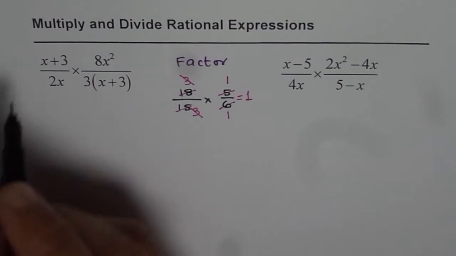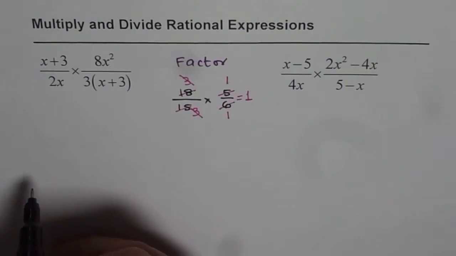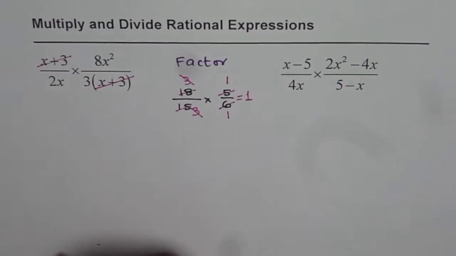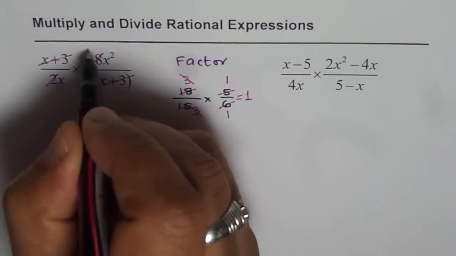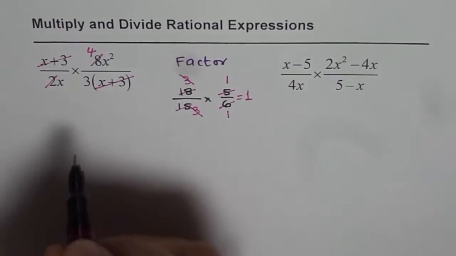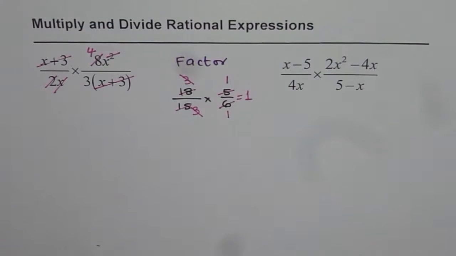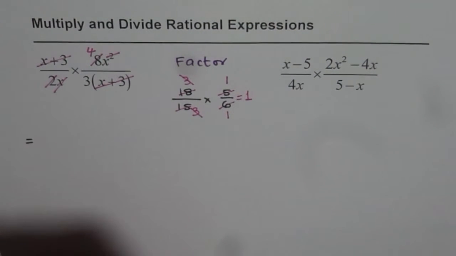Now, in this particular example, x plus 3 and x plus 3 are common factors. We can cancel them. As far as the numbers are concerned, 2 goes 4 times in 8, and x goes 1 time, so we're left with x there. Once we cancel out the common factors, we can write down the result.